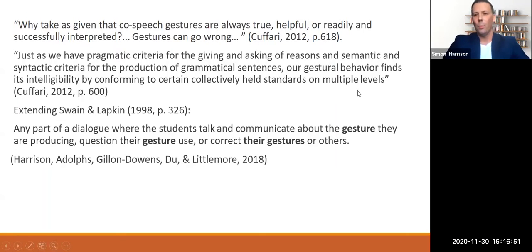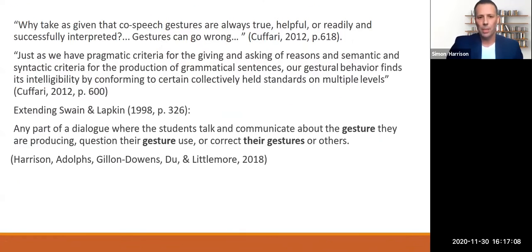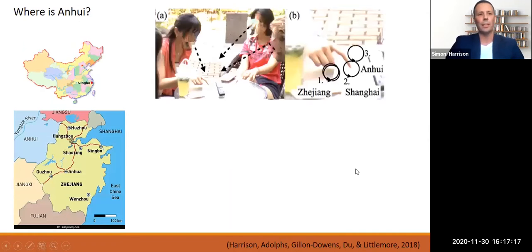We can have a look at what that would look like in interaction and what that might teach us about the nature of gestures. Gestures are probably more complicated than we can ever understand, but looking at them from this perspective does show other aspects. So here's the example that's published in this paper here, which was research conducted with Svenja Adolphs, Meg Dowens, Duping, and Jeannette Littlemore in 2018.